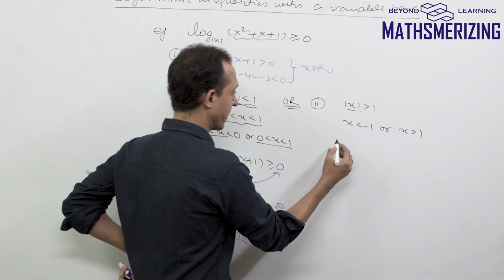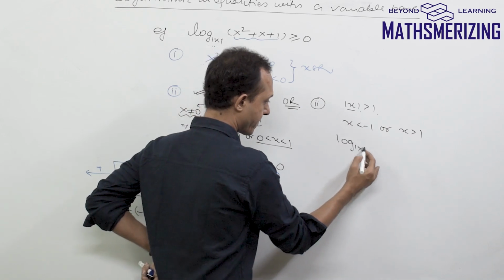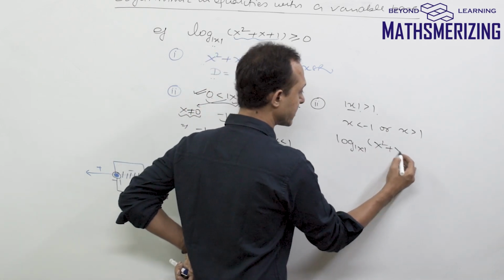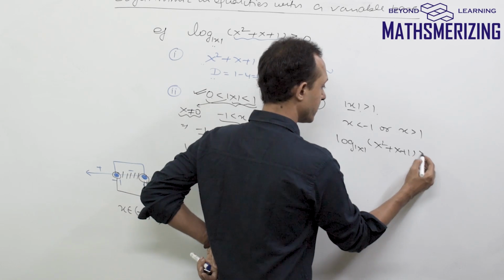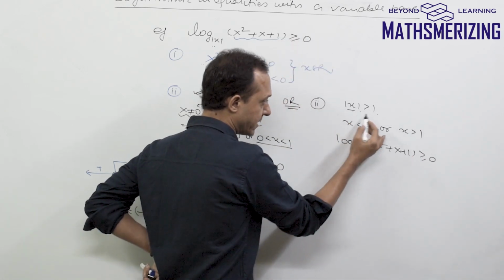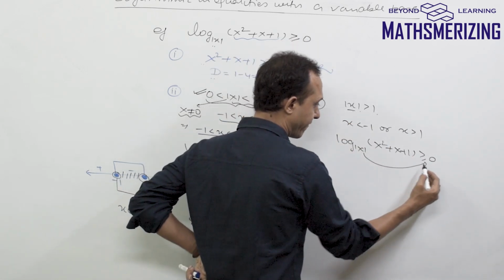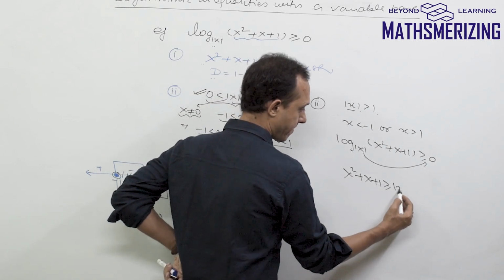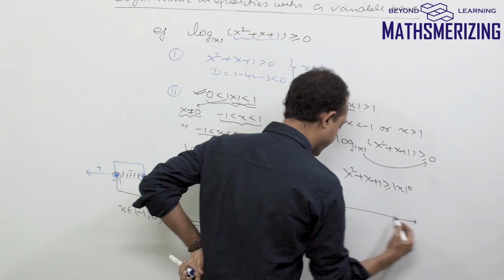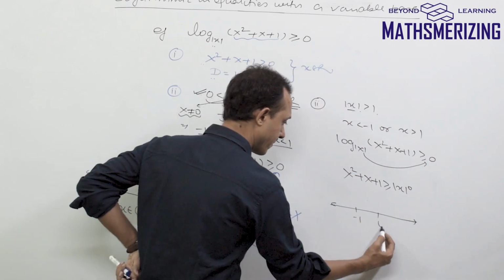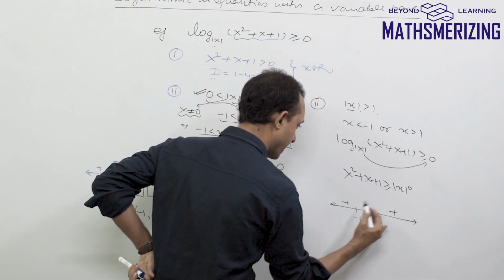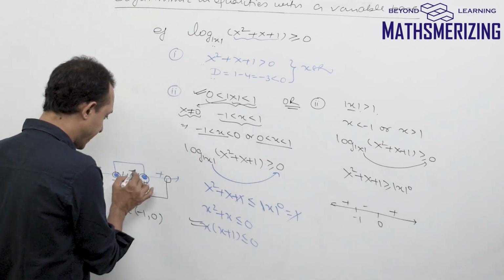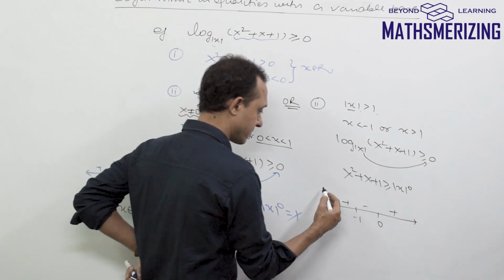So in that case, what I'll get is log mod x of x square plus x plus 1 should be greater than 0. Now here, because the base is greater than 1, if I take antilog, sign will not change. So again, I'll get the same result. Previously we needed minus, now here we need plus.